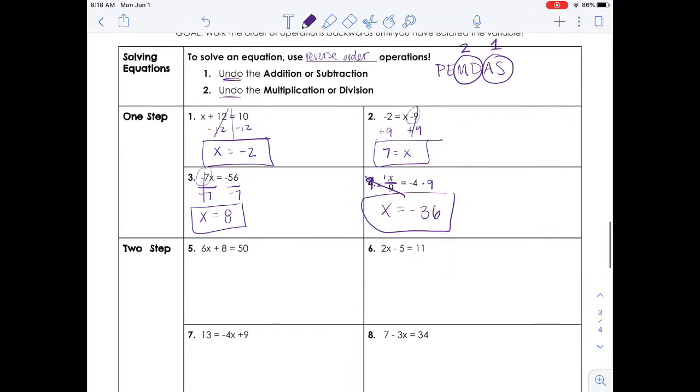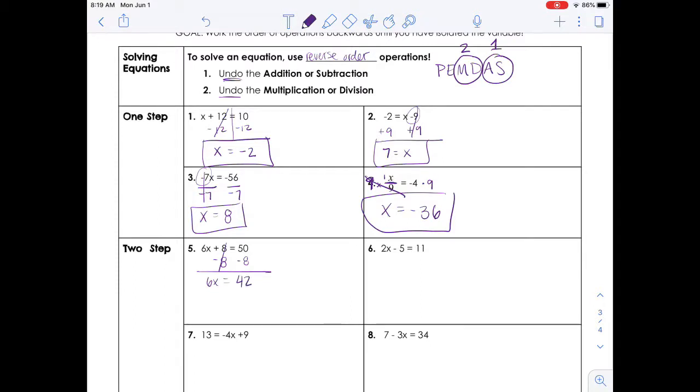Okay, now let's see what happens when we have multiplication and division and addition and subtraction. So again, we're looking first for addition and subtraction. In number 5, I've got an addition operation right there. I've got to get rid of that first because we're doing reverse order of operations. So I'm going to do the opposite of adding 8, which is subtracting 8, which is going to give us 6x equals 42.